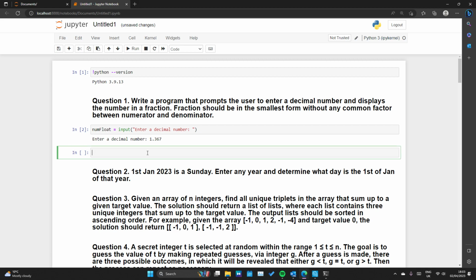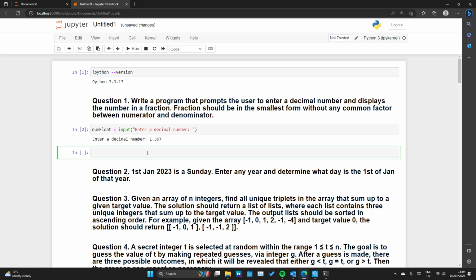Now we can convert this number into a float right away. Or, because this number is a string, we might just try to find out where the decimal point occurs. That will give us an idea of how many decimal digits there are, because ultimately the question is we need to convert this number into a fraction. Now user input is always saved as a string data type, so we know that.